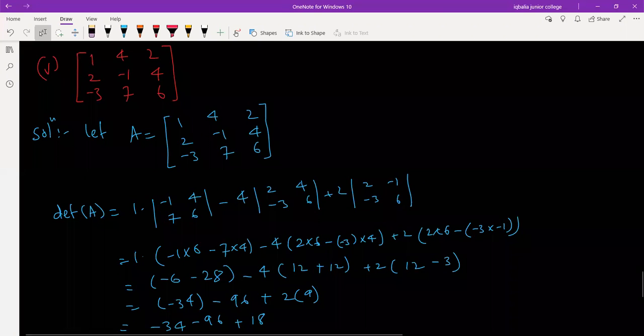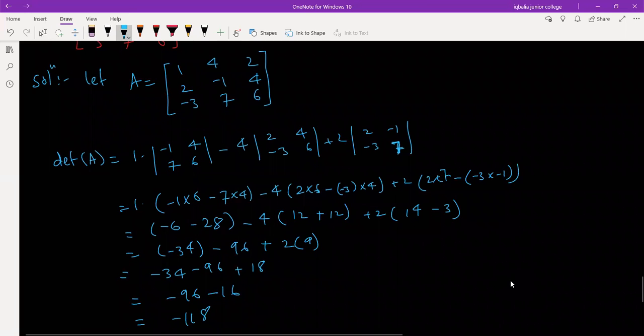Okay, so this is correct. Minus and 2, 3, 4, 6, this is correct. This is also. So here I made a mistake. This should be 7. So this is 14, 14.